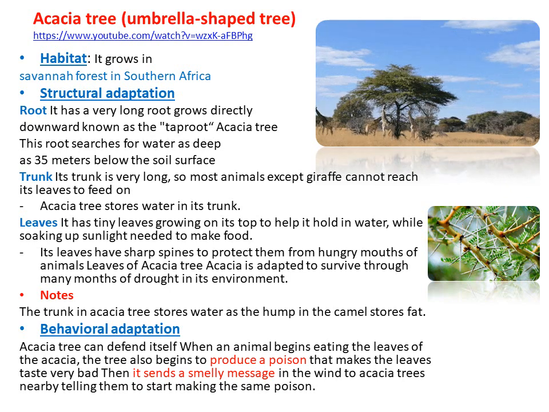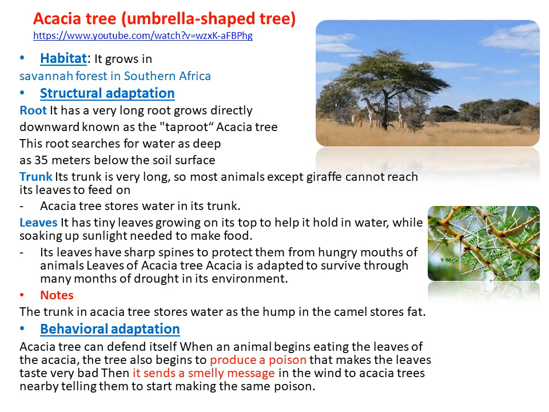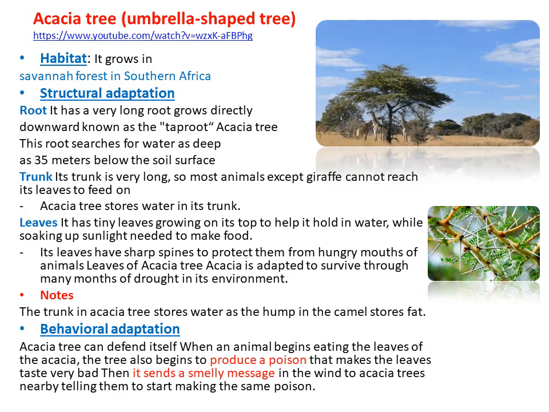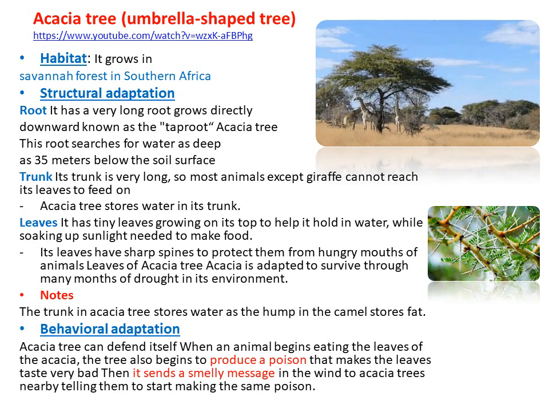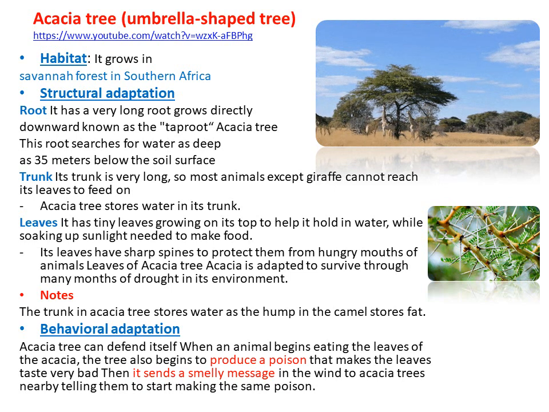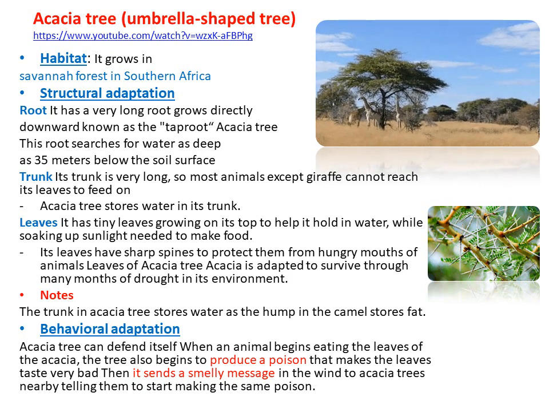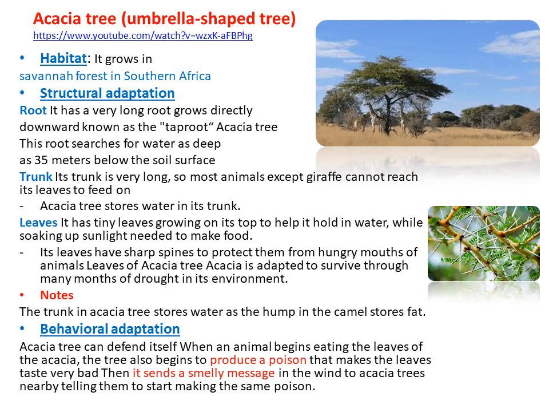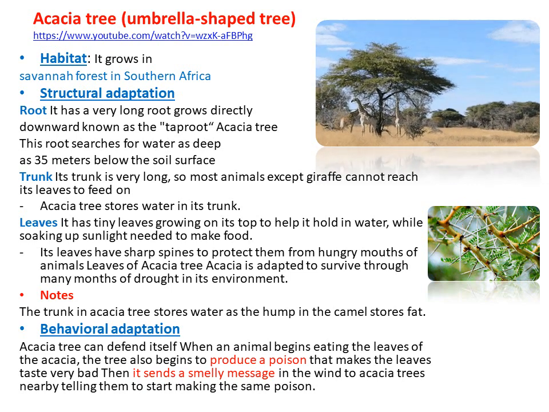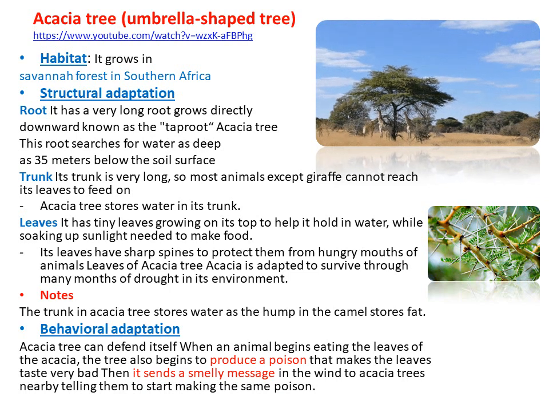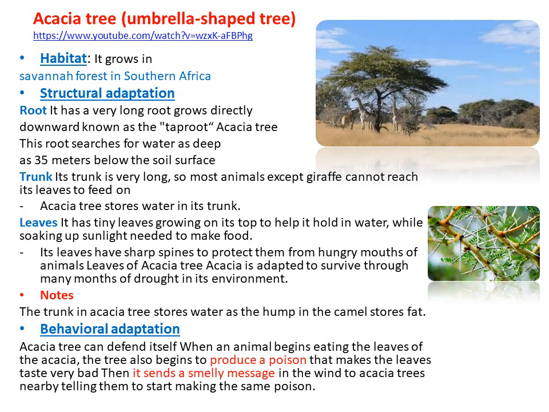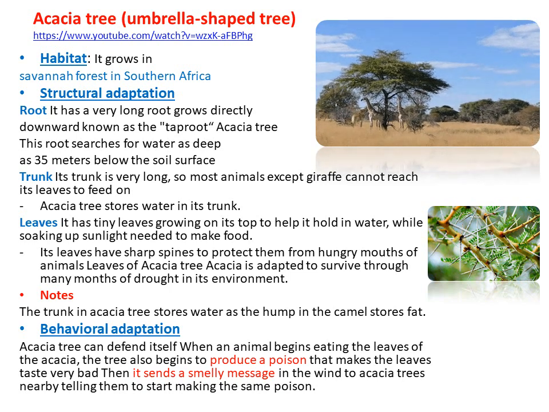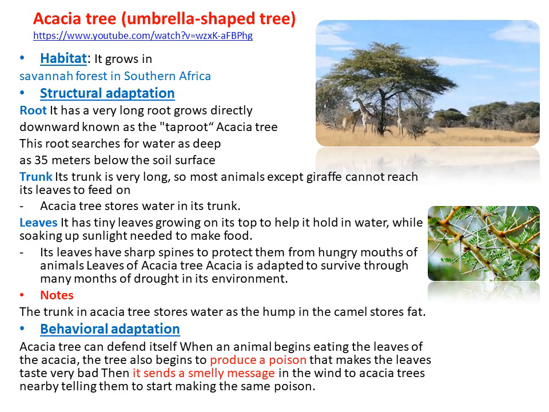Also, it sends many messages in the wind to acacia trees nearby, telling them to start making the same poison. So it doesn't only protect itself, but it also protects the neighbor trees. It sends these messages to its neighbor trees to start making the same poison to stop the animals from eating their leaves.